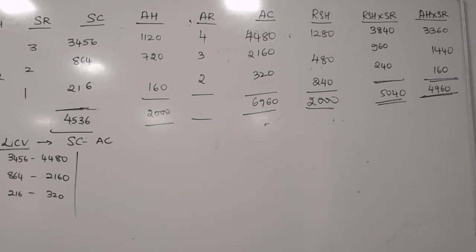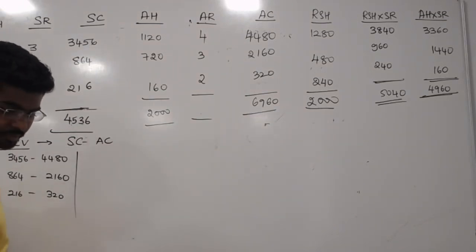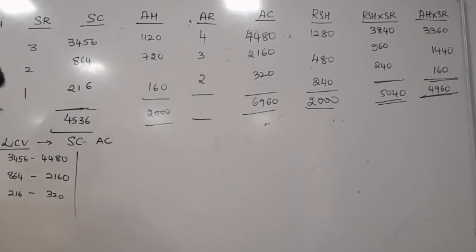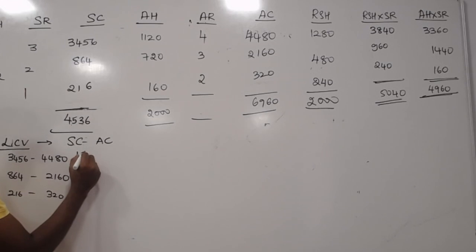How much does it come to? Favorable or adverse? Adverse?